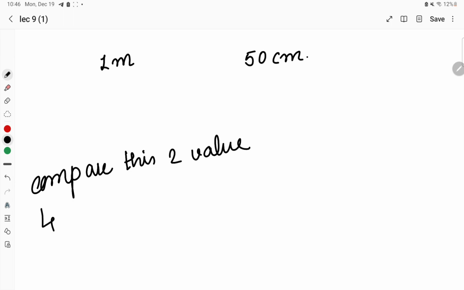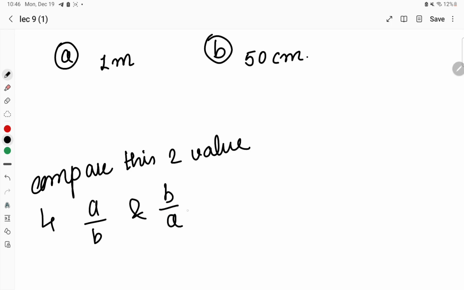I'm asking you to compare these two values and take their ratio. For example, this is A and this is the value B. Take the ratio of A upon B and also B upon A, and tell me both answers.